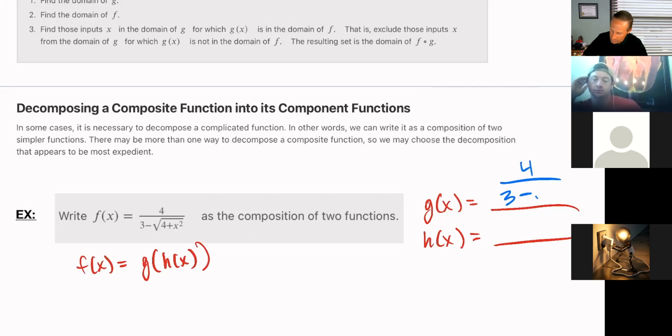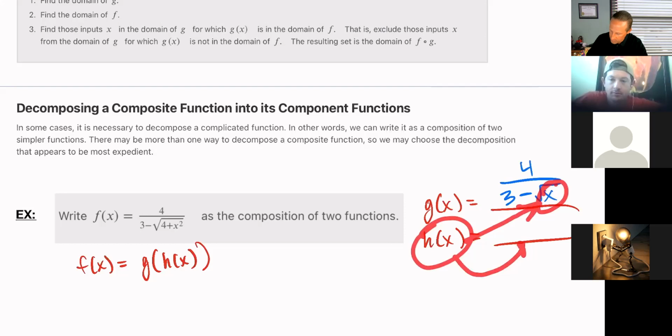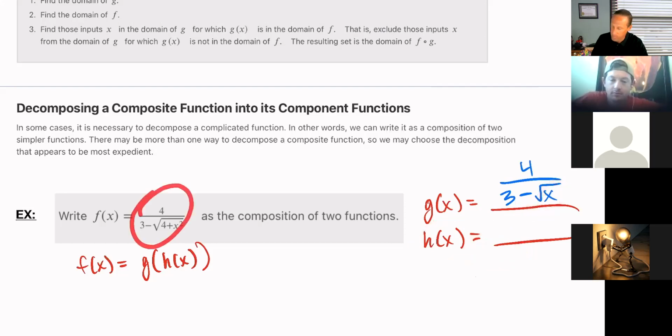So what I'm going to put is either the square root of x, or I can just leave it as x. Because then what would I have to replace that x with in order to get this final product? Square root 4 plus x squared.